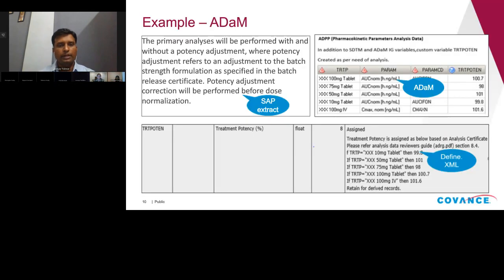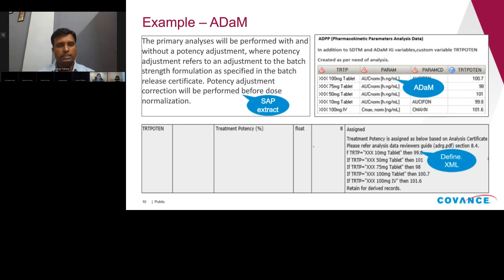So this is another example where we can see that some of the data fields are not part of the source data, but are required for the analysis. Here you can see the SAP extract where it says the potency adjustment needs to be done based on the batch strength formulation, which is specified in the batch release certificate of the investigational drug.